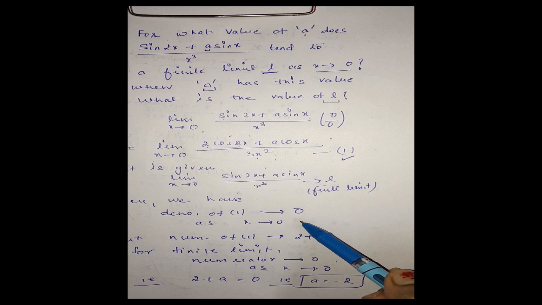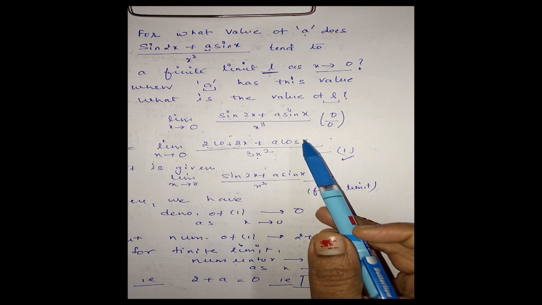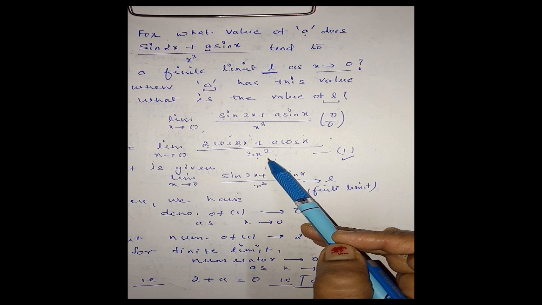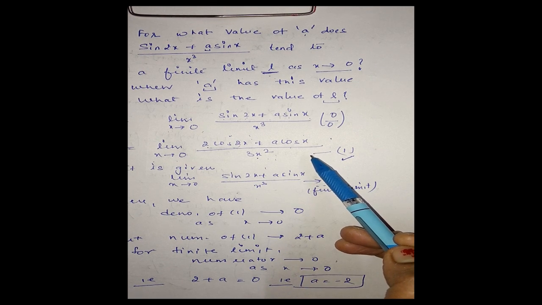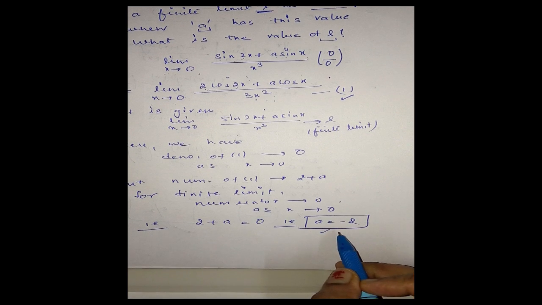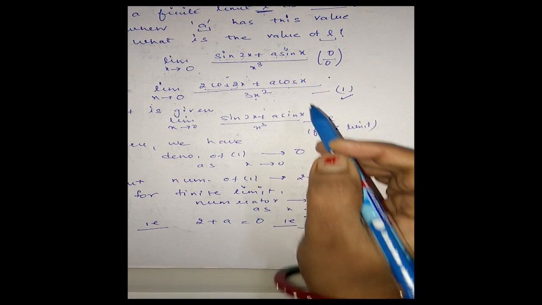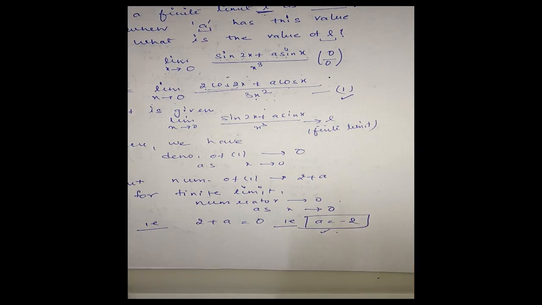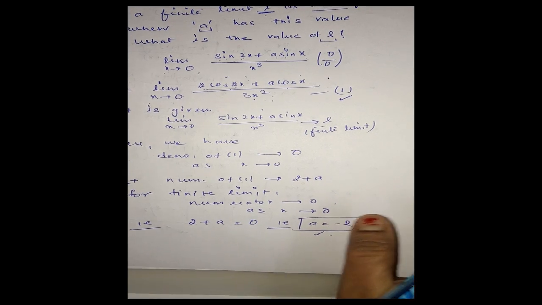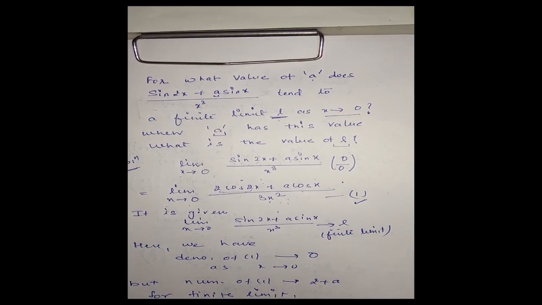Then only will we again have 0 by 0 form and can apply L'Hopital rule. Otherwise, if the numerator is finite and the denominator is 0, the answer will be infinity. Therefore we get the value of a to be minus 2. Now we will substitute a equal to minus 2 here, and then apply L'Hopital rule to find the limit L. That's the way we have to solve this question.